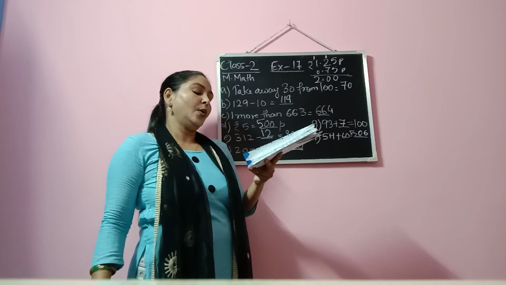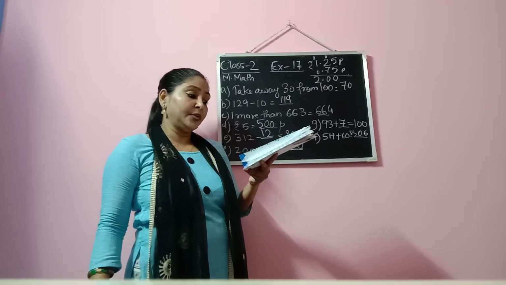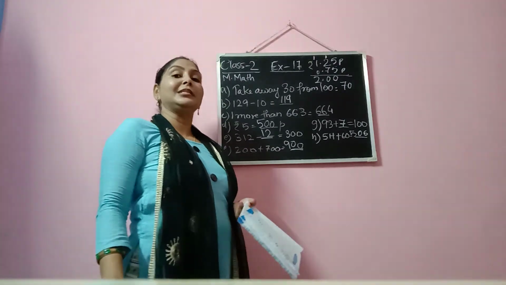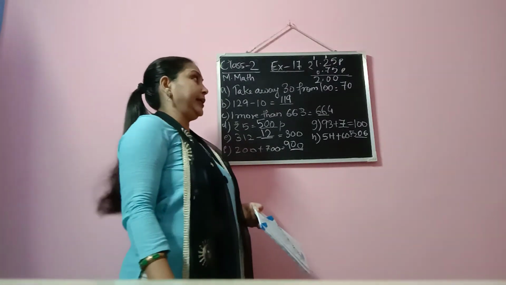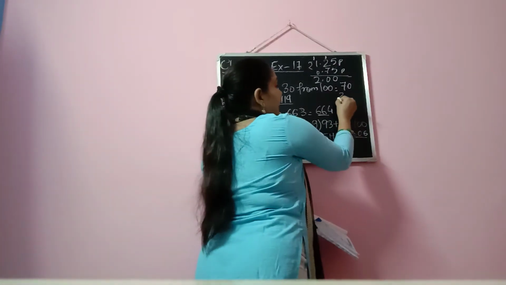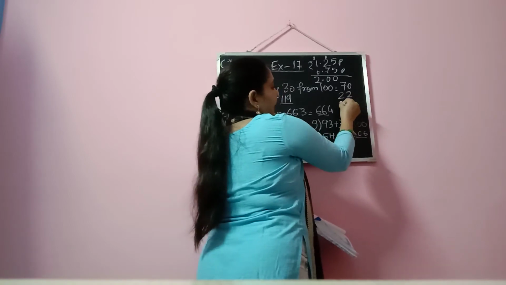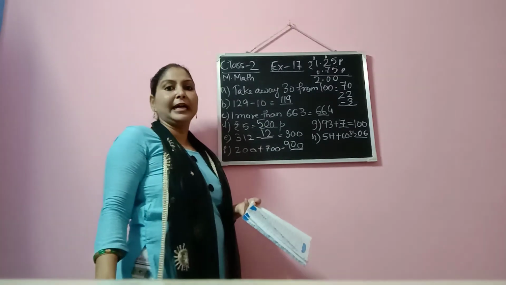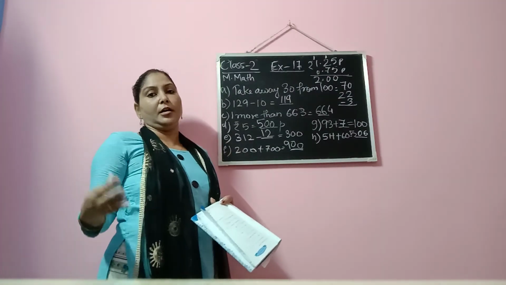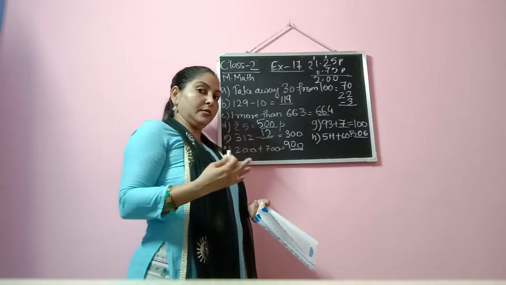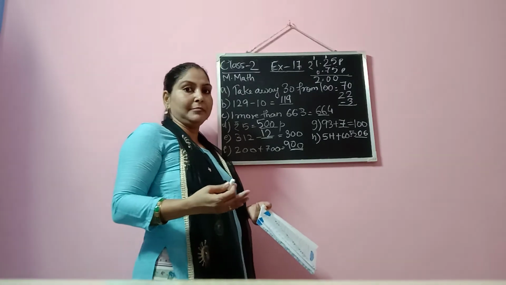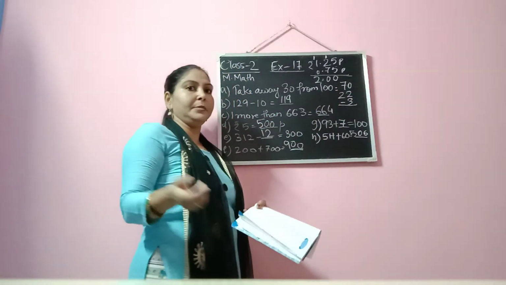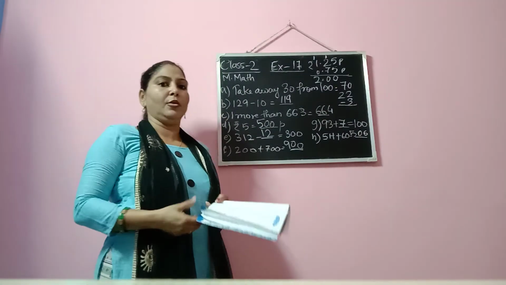Now next is 3 less than 22. 3 less than 22 means we will subtract 3 from 22. When we subtract 3 from 22, we get how much? 19. Now since you have not done the subtraction topic, borrowing sums and all, I'll just tell you, you can do the backward counting also.